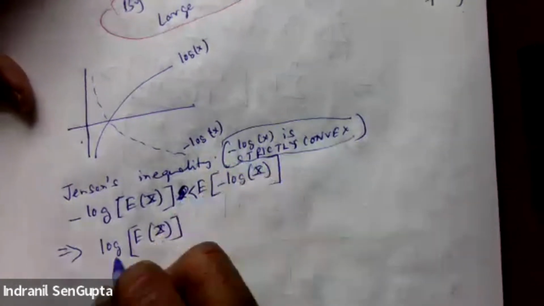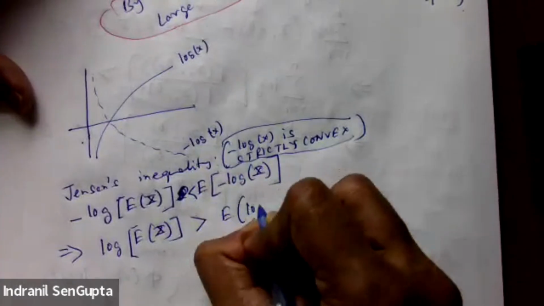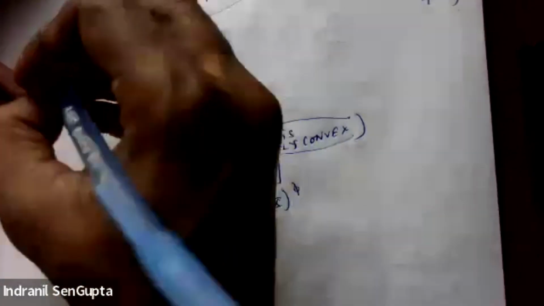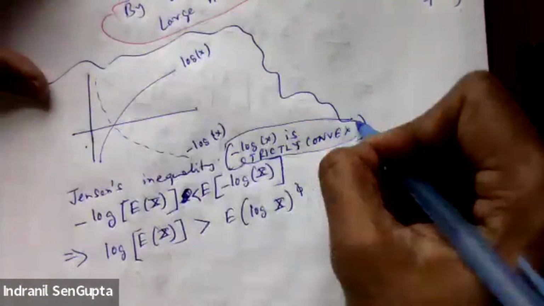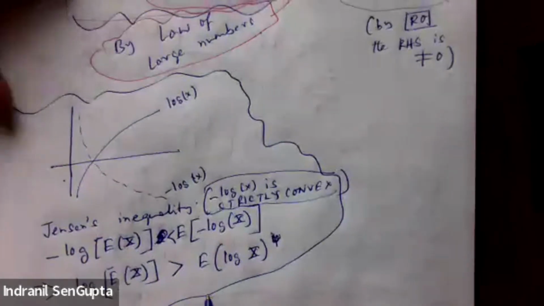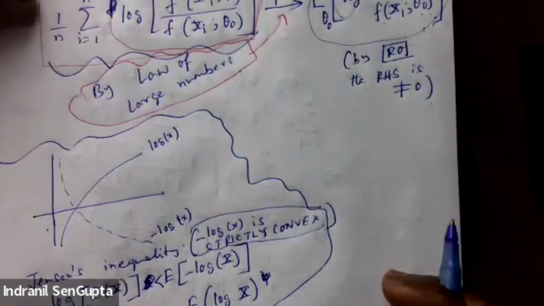So then log of E of x is bigger than or equal to E of log x, because if I multiply with the negative sign, the inequality changes. This is just an aside. You must be familiar with this one anyway, but I'm just mentioning it here. So therefore, I can do the following.